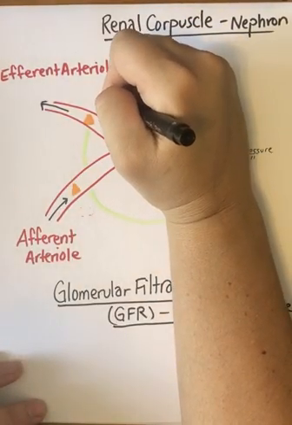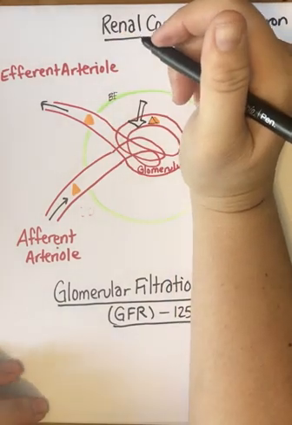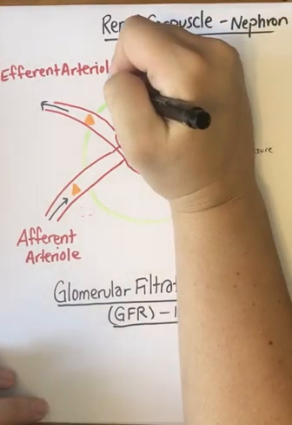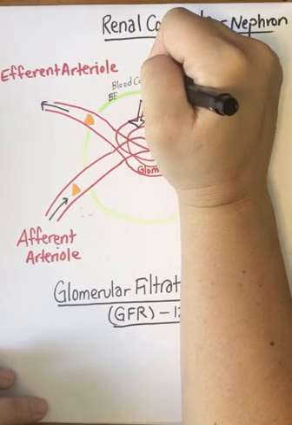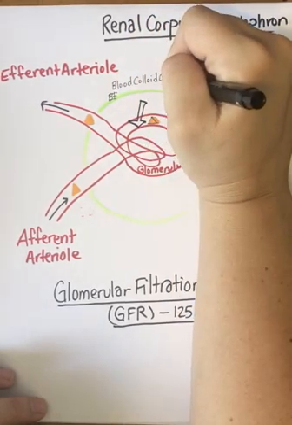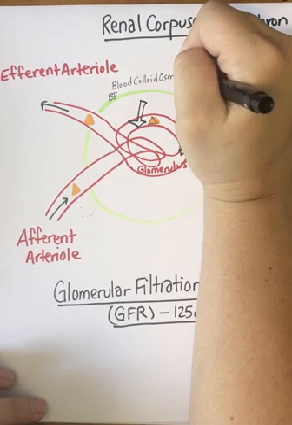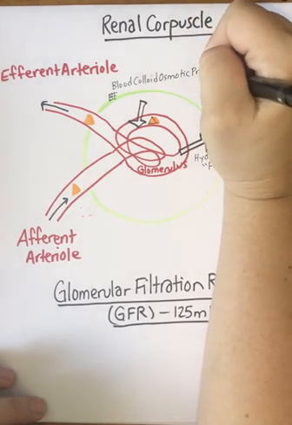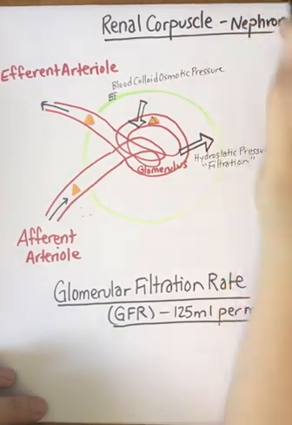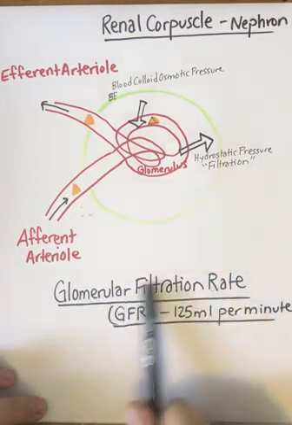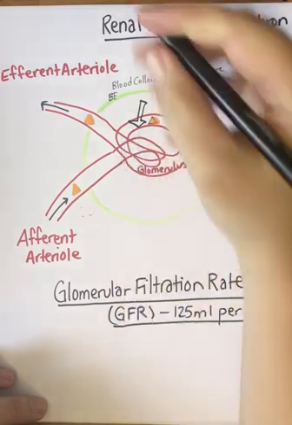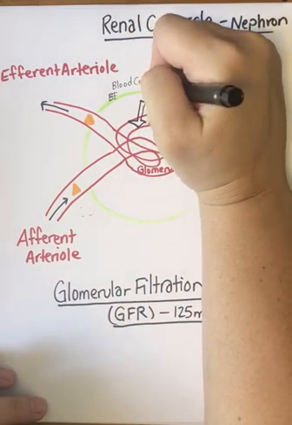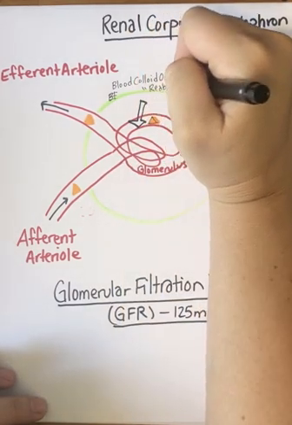Nope, not blood, because we're not in the blood. Well, technically it is blood colloid osmotic pressure. It's reabsorption. So this is going to make our glomerular filtration rate vary. So we force out water and we pull in water. This is called reabsorption.